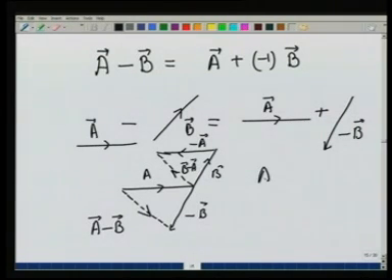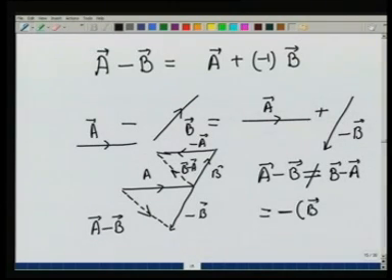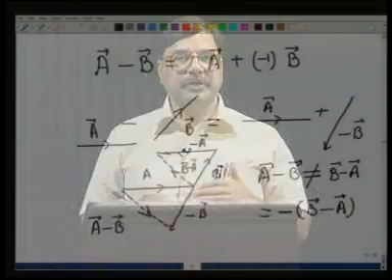So, you can see that a minus b is not the same as b minus a, but through graph you can see very easily that a minus b is equal to minus of b minus a. So, what we have done is addition and subtraction of two vectors.